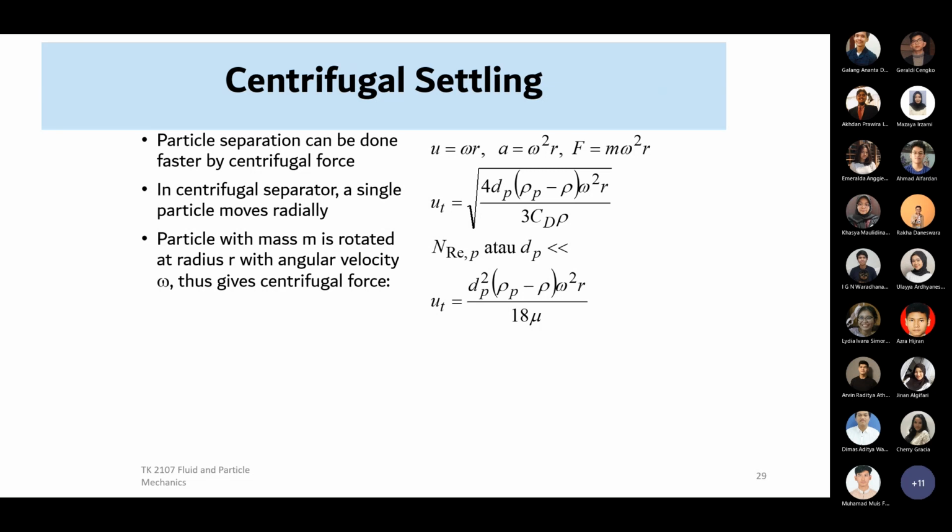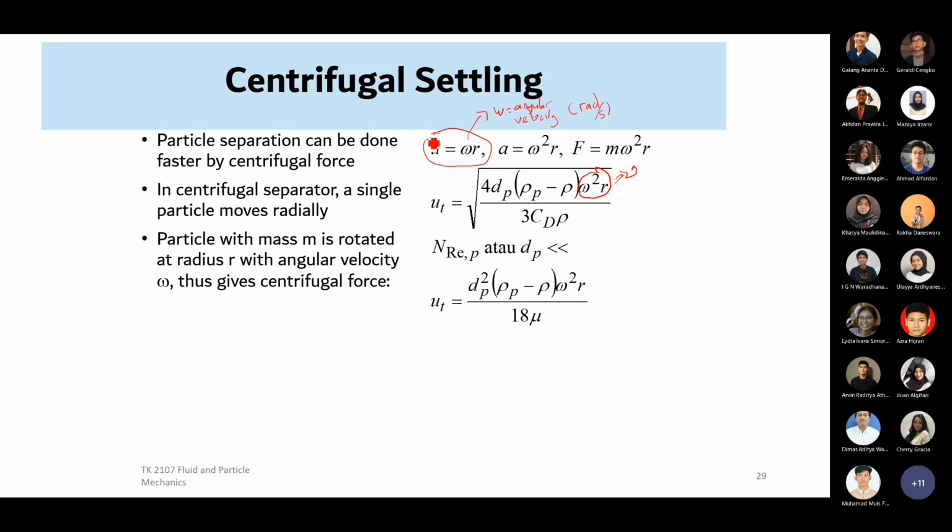For centrifugal settling, the concept is still the same. Previously it was g. Now it's omega square R, and velocity is omega R. Why? Again, I remind you that omega is an angular velocity, so the unit itself is different from U. It's angular velocity and the unit is radian per second, or degree per second.